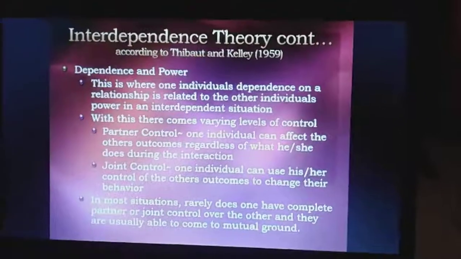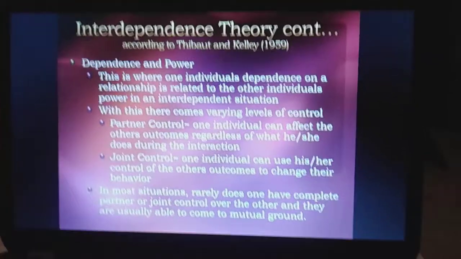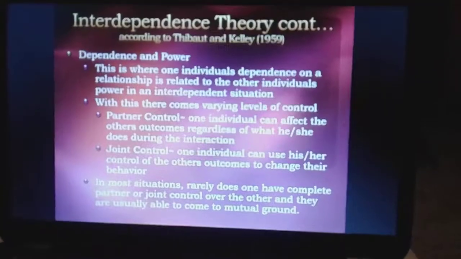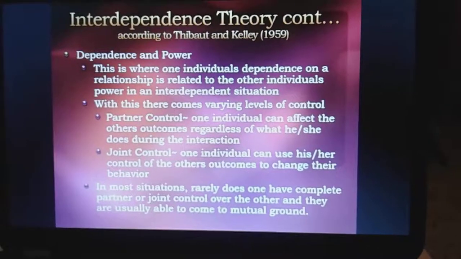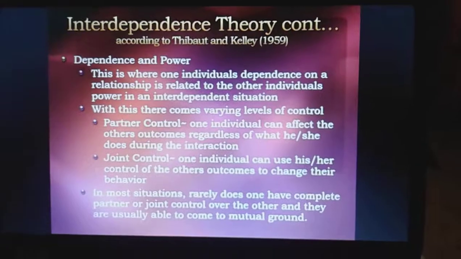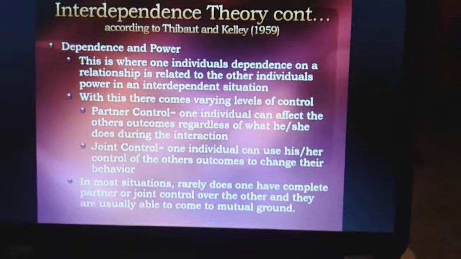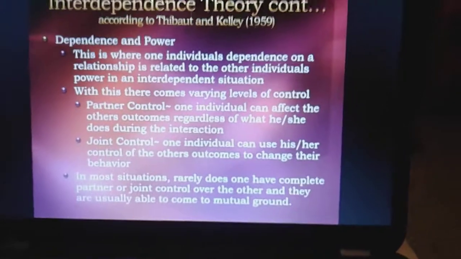Lastly, we come to dependence and power. This is where one individual's dependence on a relationship is related to the other individual's power in an interdependent situation. With this, there come varying levels of control. We find partner control, where one individual can affect the other's outcome regardless of what he or she does during the interaction.